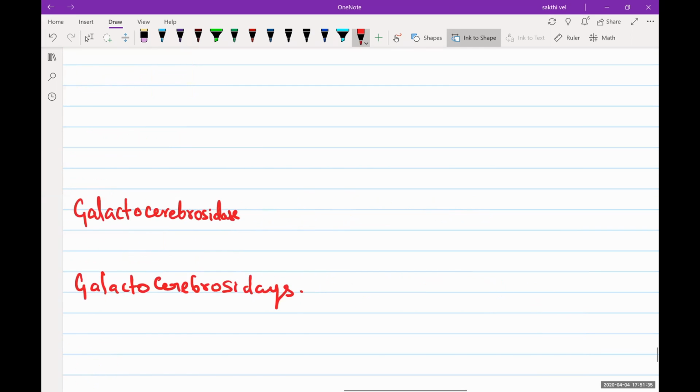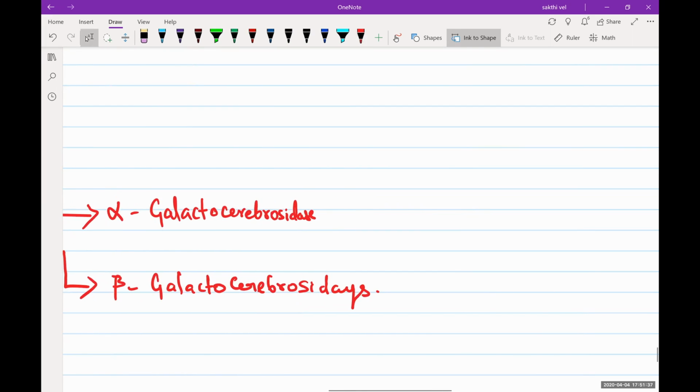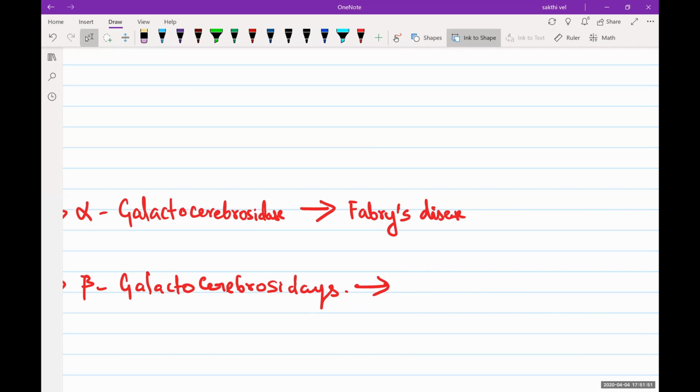Alpha galactocerebrosidase deficiency causes Fabry's disease. What disease? Fabry's disease. And beta galactocerebrosidase deficiency causes Krabbe's disease. What disease? Krabbe's disease.